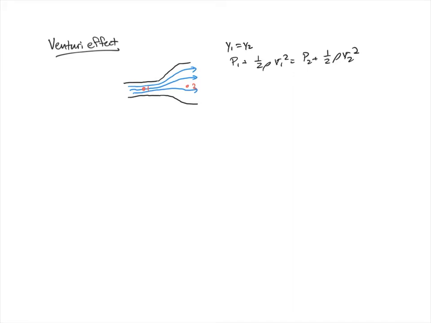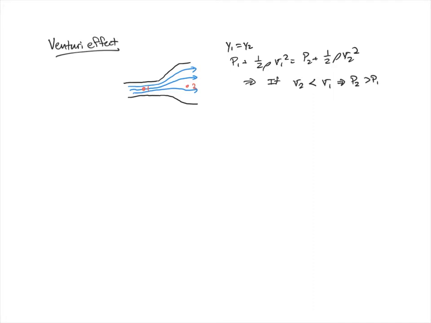And so that means that if V2 is less than V1, as shown in our example, that means that P2 has to be greater than P1.